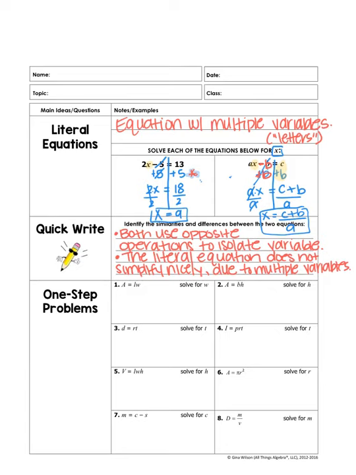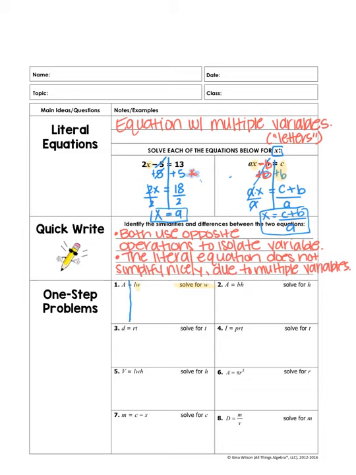All right, so let's do a couple. This first says A equals L times W, and it wants me to solve for W, which means I'm trying to get this W all by itself. So you need to think about what this problem is saying.